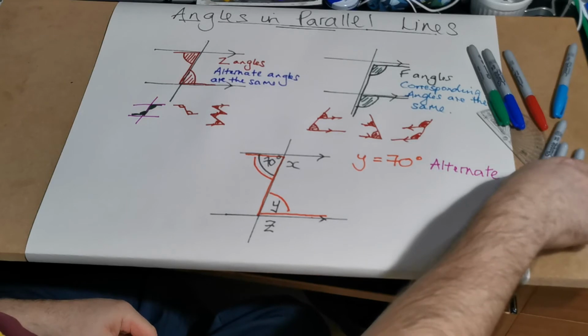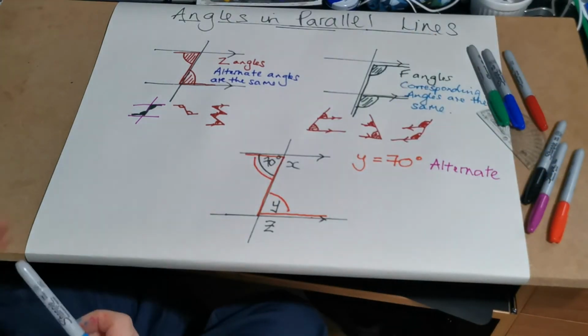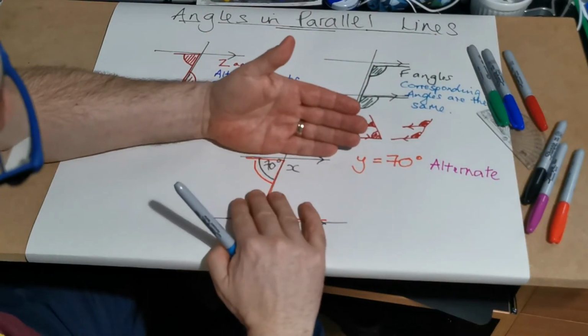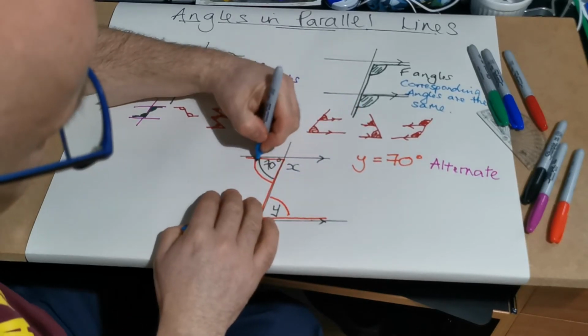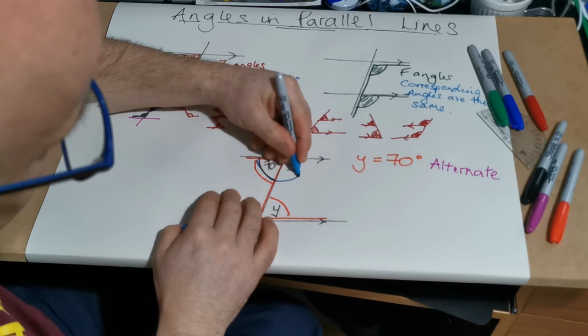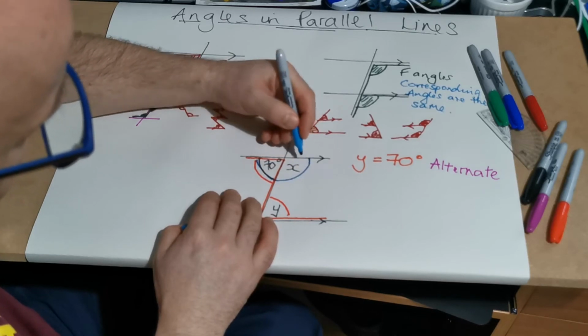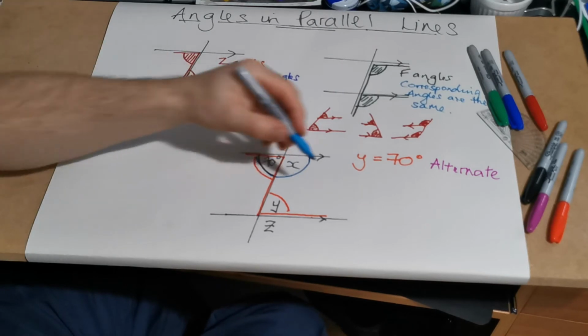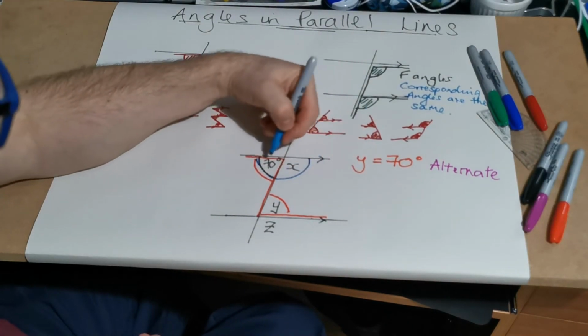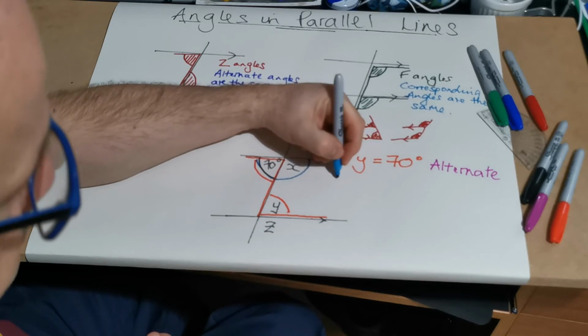Now, if I was to look at just here, only that bit, I can see I've got a straight line there. So if I look at that there, you should be able to tell me something about straight lines, and that is these angles add up to 180 degrees.